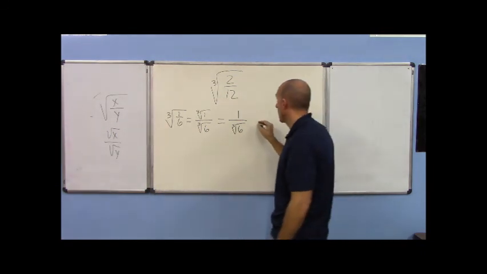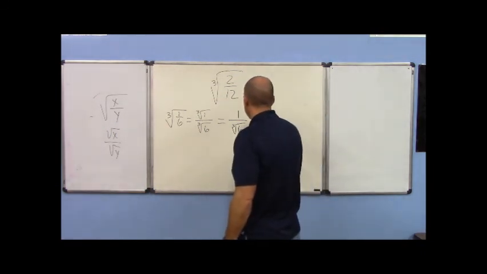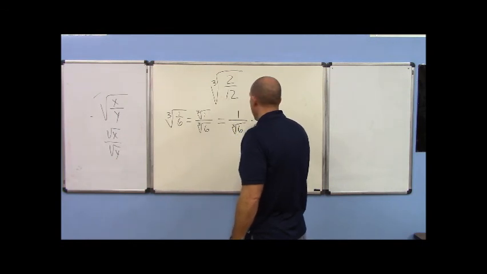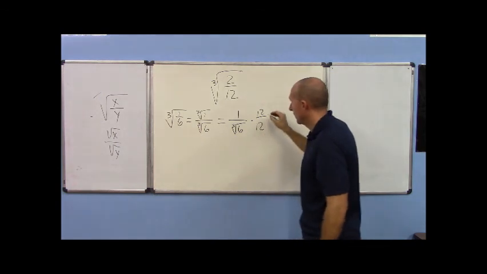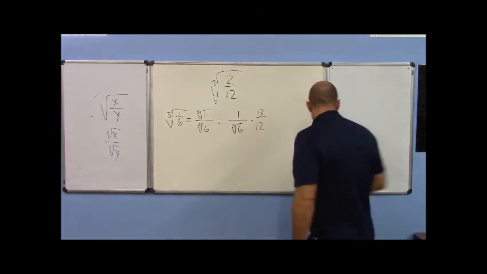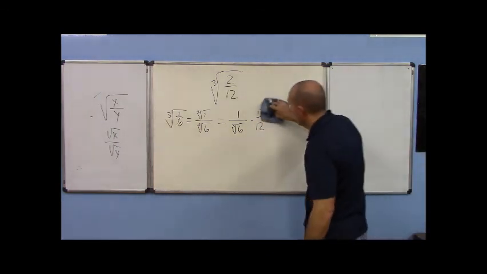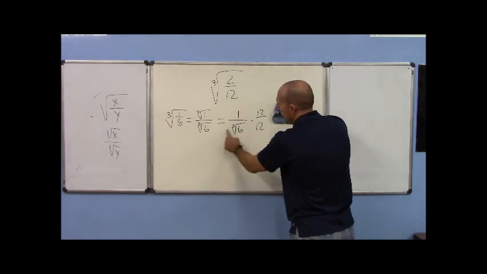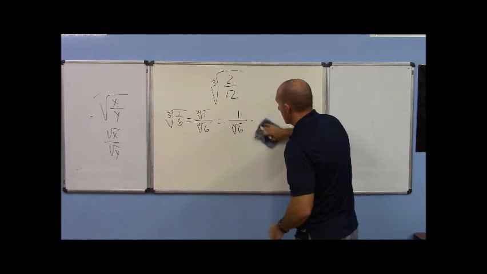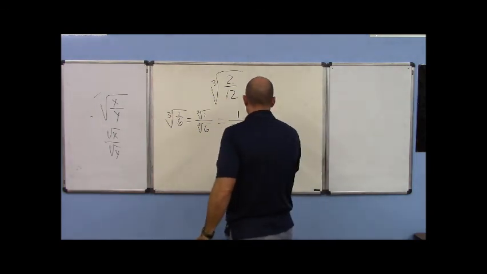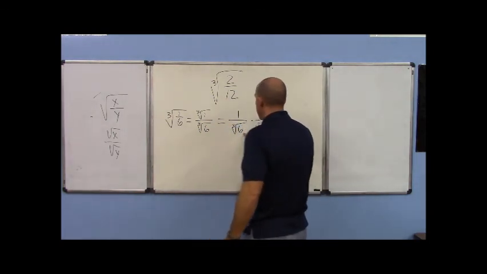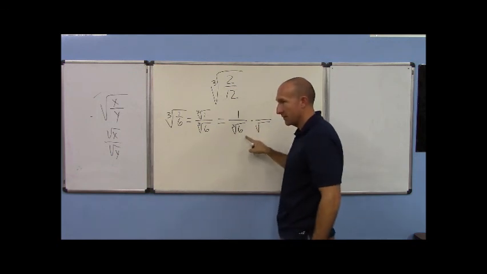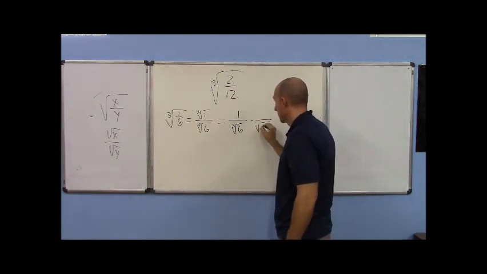So we can multiply. Now we're not multiplying 12 times this. 12 times 12, we're not doing that. Remember, we're only multiplying the whole numbers that are on the outside of a radical. So we have to multiply this times the square root of 6 times 6, which is 36.